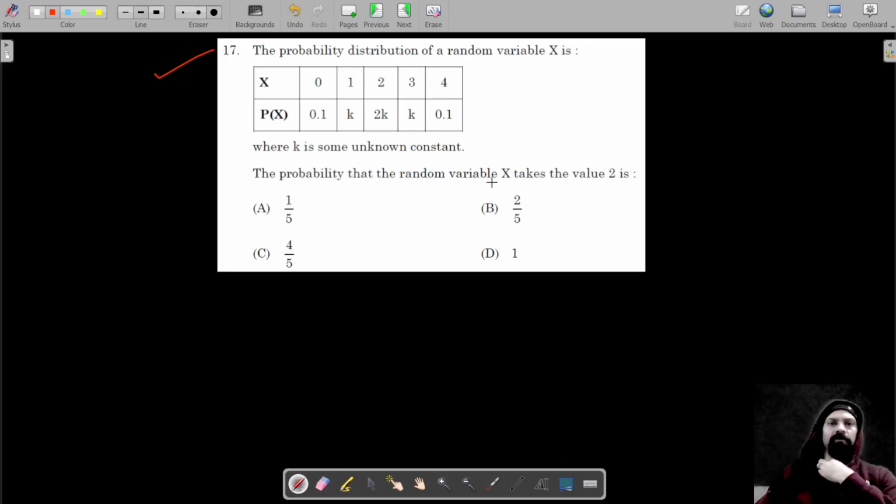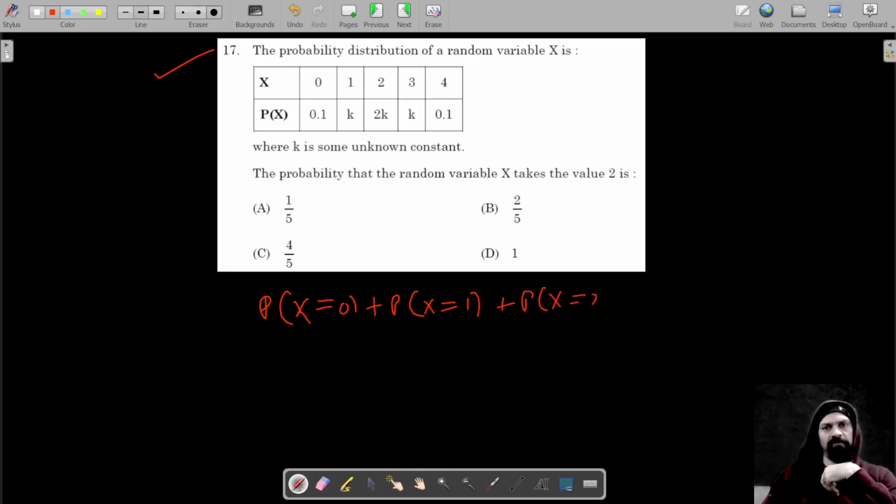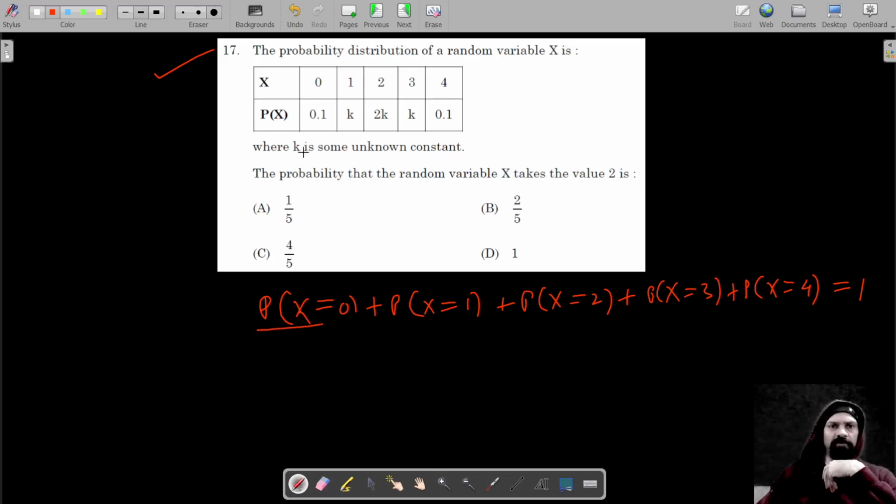For this, we have to find the value of k, and we know that the sum of the probabilities of all the events, that is, probability of x equal to 0 plus probability of x equal to 1 plus probability of x equal to 2 plus probability of x equal to 3 plus probability of x equal to 4, should be equal to 1. So probability of x equal to 0 is 0.1, and this is 0.1 plus k plus 2k plus k plus 0.1 is equal to 1.